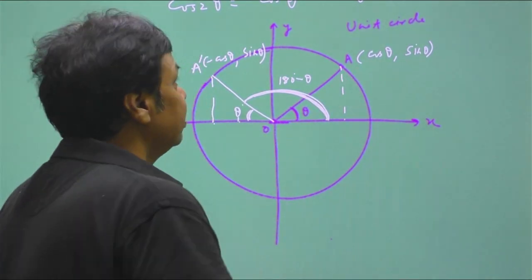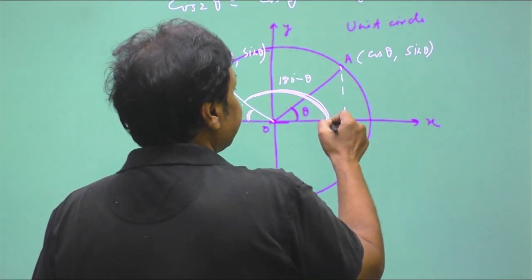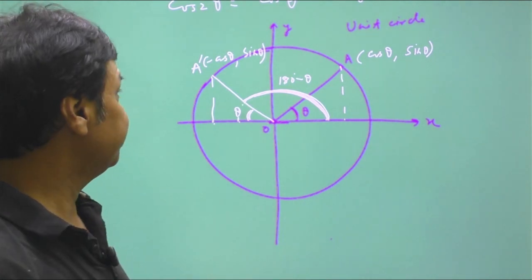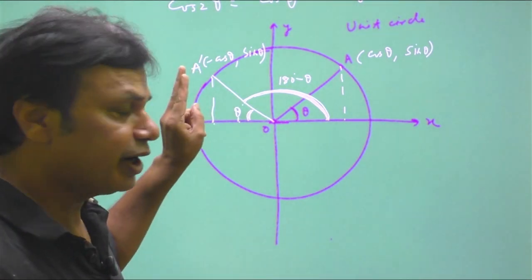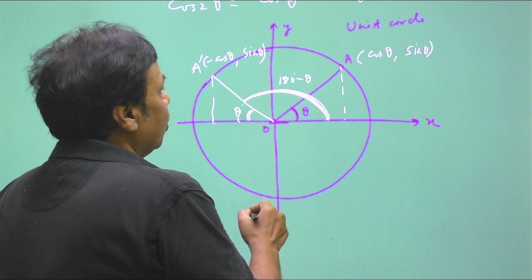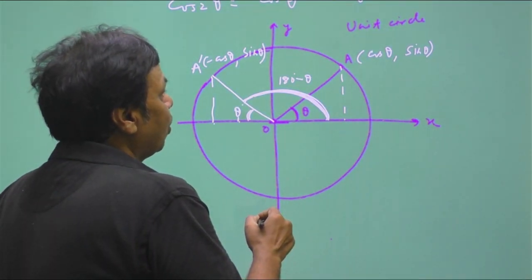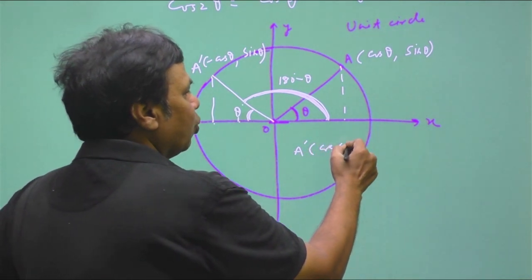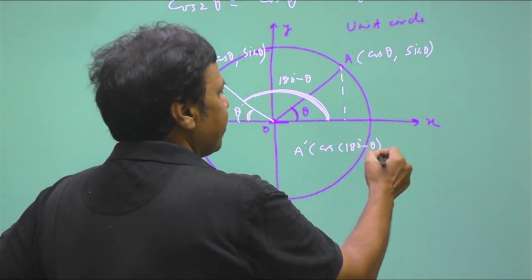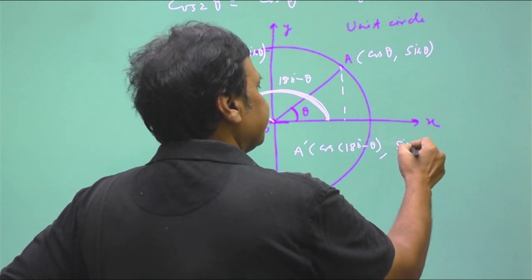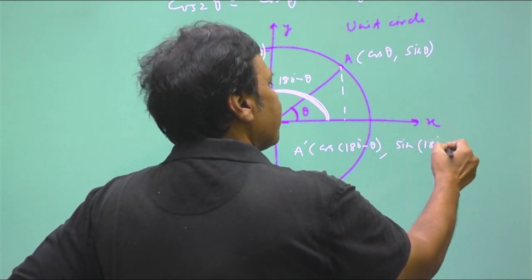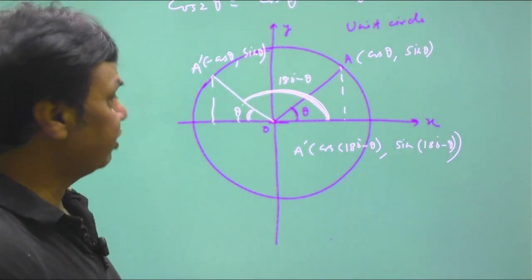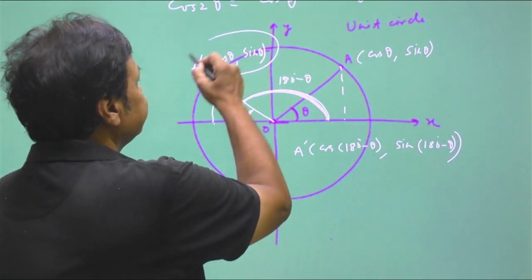And if you take this angle, then you should write the coordinates of point A dash as cos 180 minus theta and sin 180 minus theta. And just compare these two things.